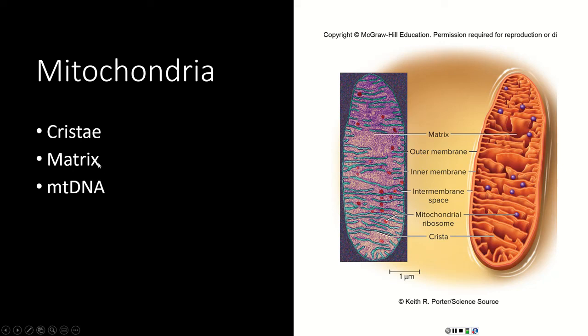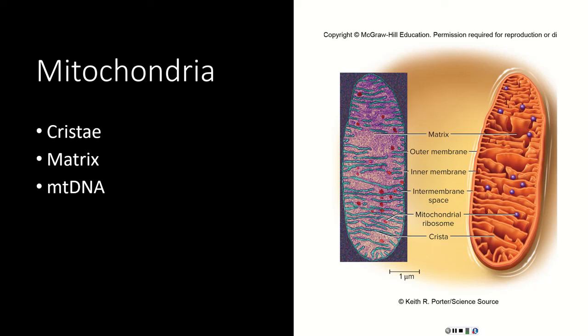The matrix is the innermost part of the mitochondria, and there are going to be a lot of very special reactions that occur there that we will look at in chapter 26. Also floating around in the matrix is some DNA. It seems kind of weird because when we look at it up close, it starts out looking like our DNA, but then when we look really close, it doesn't look like our DNA that much at all.